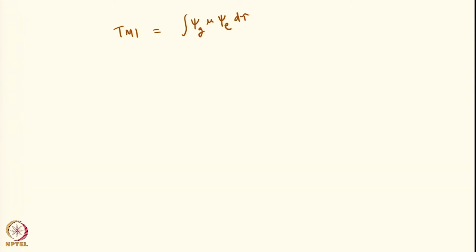because you see there is something called the Born-Oppenheimer approximation. Now, what does the Born-Oppenheimer approximation say? It says that the electronic wave function parametrically depends on the nuclear coordinates.